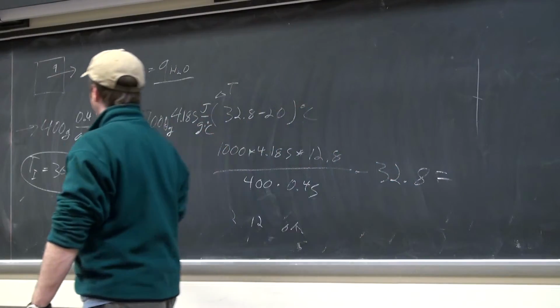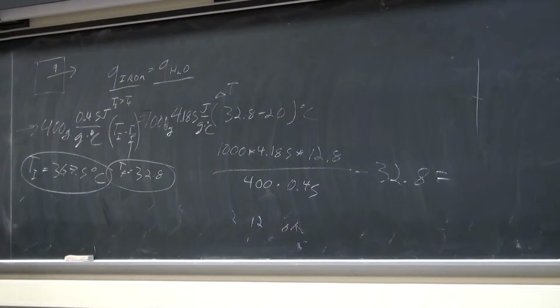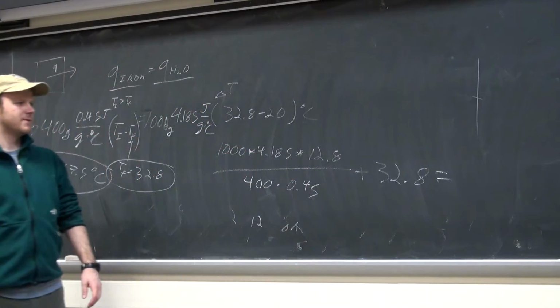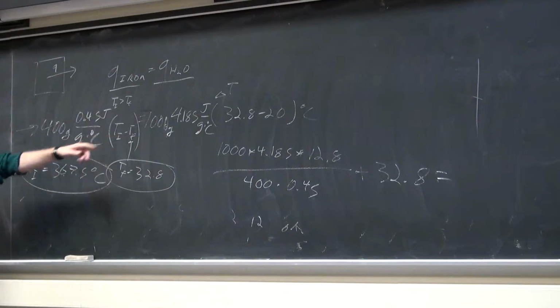So that should equal 376.5. Is that right? Yeah. So if that's not right, let me know, but I think that's the answer. Or maybe it's plus. Maybe it's plus, sorry. There we go. T initial minus T final, so it's plus.